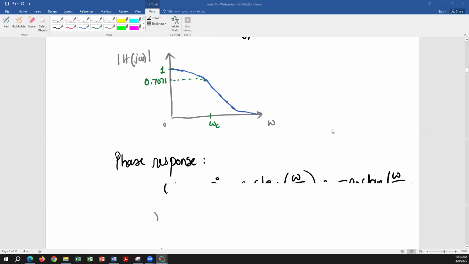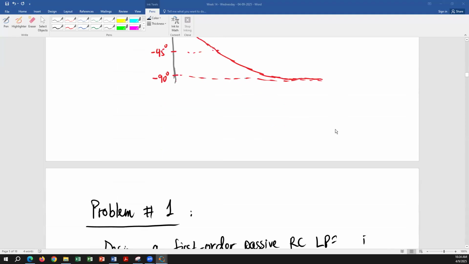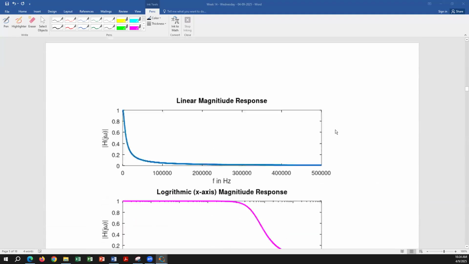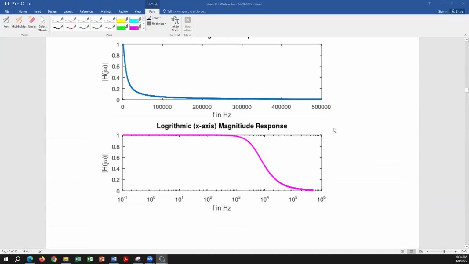Yeah, go ahead. So in Octave, I didn't see that. As I said, if you're doing it in MATLAB, then your cursor moves along the curve. So it's much easier. In MATLAB, it's going to move along the curve. It's not going to move freely.